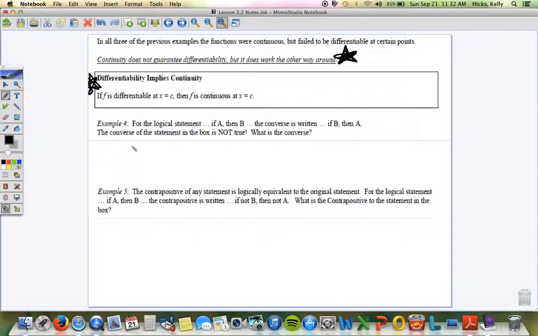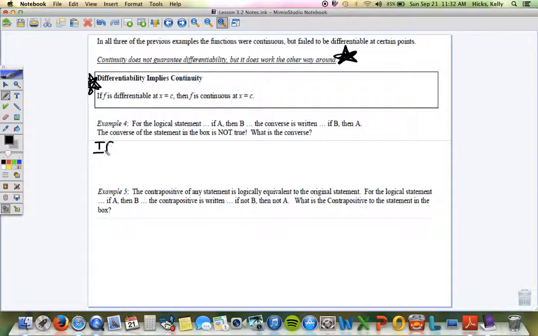For the logical statement, if A, then B, the converse is written, if B, then A. Maybe you remember this from geometry, maybe you don't. The converse of the statement in the box is not true. What is it? Well, even though it's not true, we're going to write it down just to remember converses.